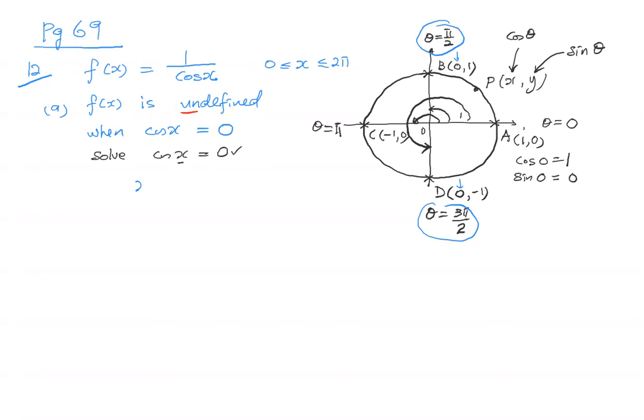So the angle x is pi by 2 and 3 pi by 2. This is a very important fact that you have to write down in your notes so you can straight away use it. Are you clear? Later, I will introduce how to solve the others. I just tell you slowly.